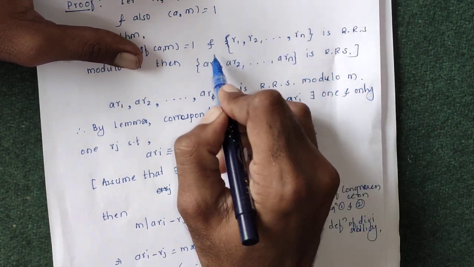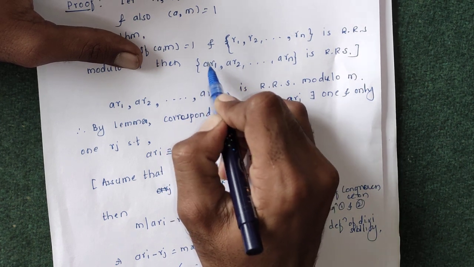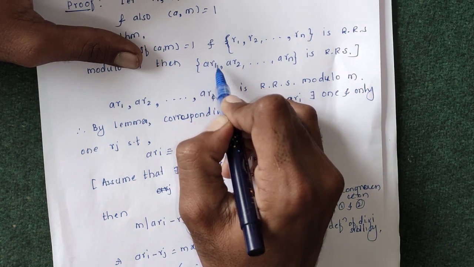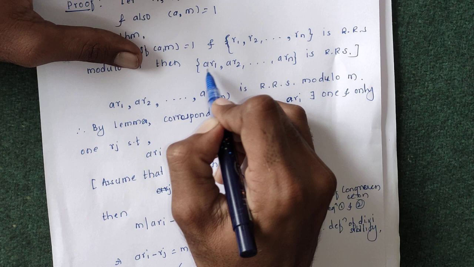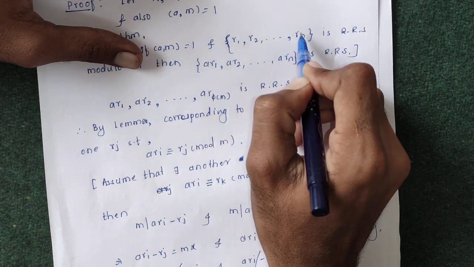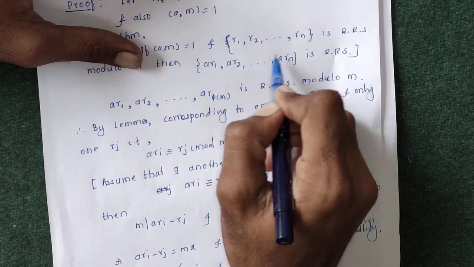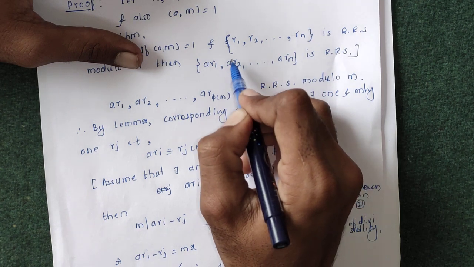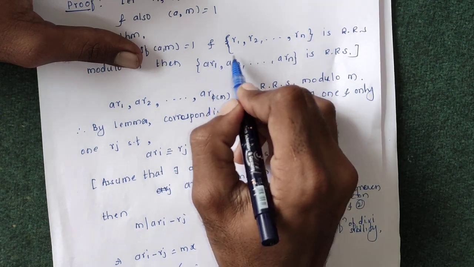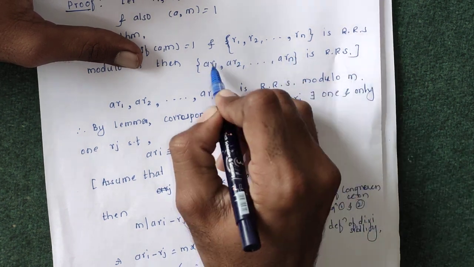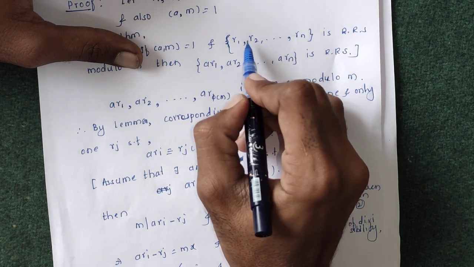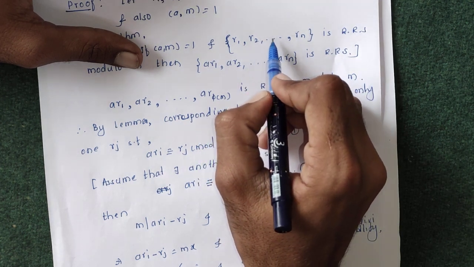We can't say that. But for each ari, if we take the congruence under modulo m, then ari must be congruent to some rj, and that rj is not congruent to any other integer. So for ar1, ar2 up to arn, for every integer ari there exists one and only one rj.